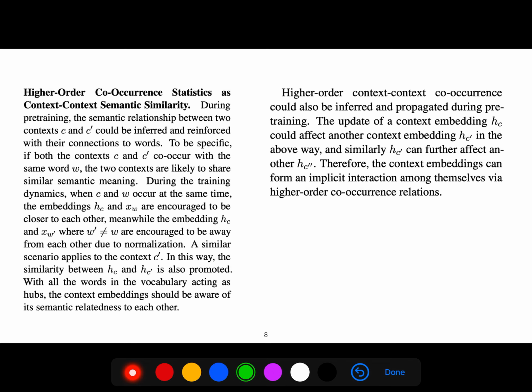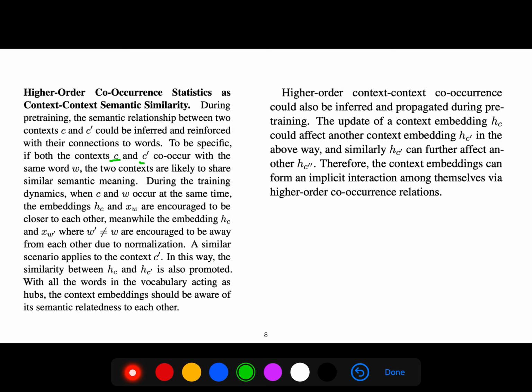During pre-training, the semantic relationship between two contexts could be inferred and reinforced with their connections to words. To be specific, if both contexts C and C prime co-occur with the same word, the two contexts are likely to share similar semantic meaning.